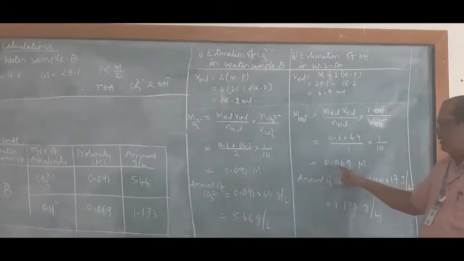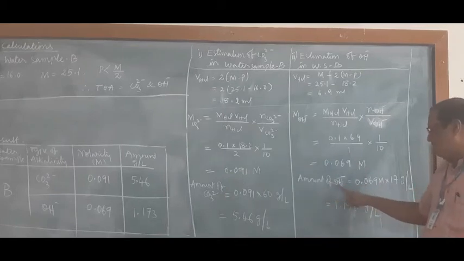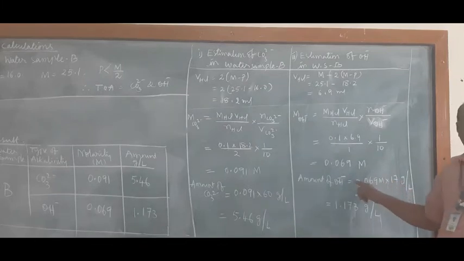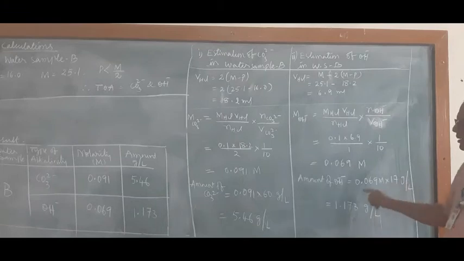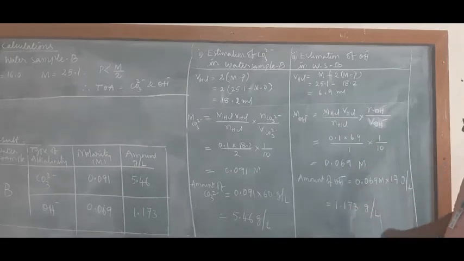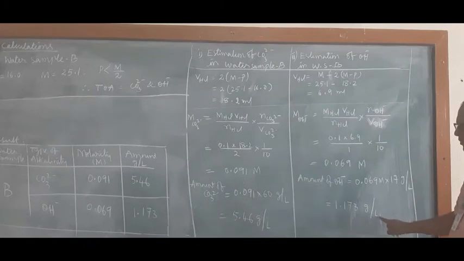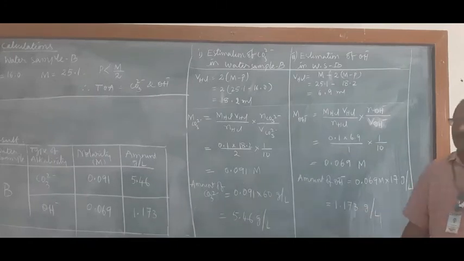Answer is 0.069 M. Then amount of hydroxide is equal to 0.069 M into gram ionic weight of hydroxide, that is 17, giving 1.173 grams per liter. This is the amount of hydroxide present in water sample B: 1.173 grams of hydroxide present in a liter of water sample B.